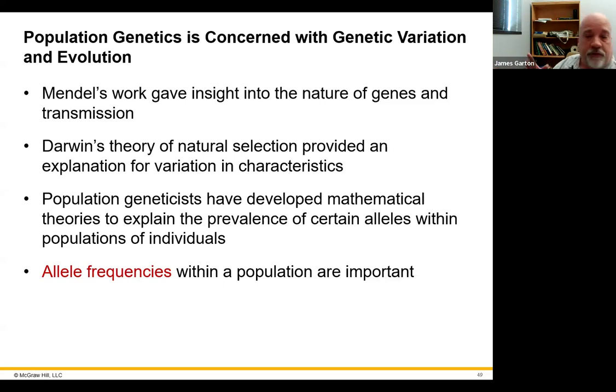And there are all kinds of different mathematical equations and theories trying to explain why certain alleles are common, why they're prevalent, and why other alleles are more rare. And at the basis of population genetics, knowing allele frequencies is very important. It allows you to make some predictions about what the population might look like in the future.